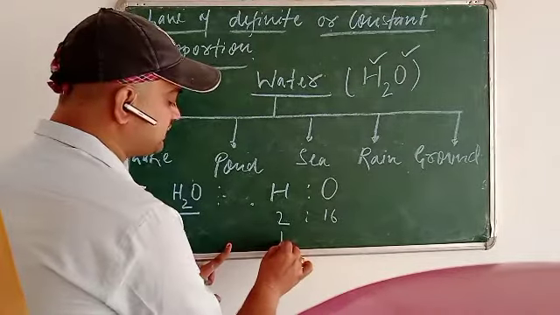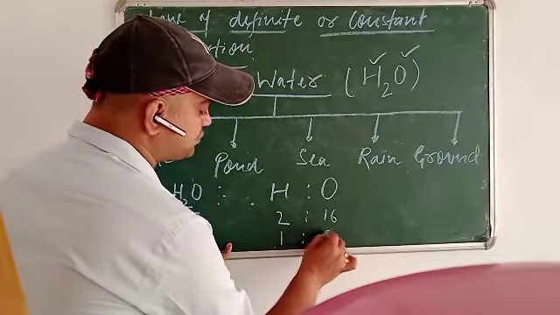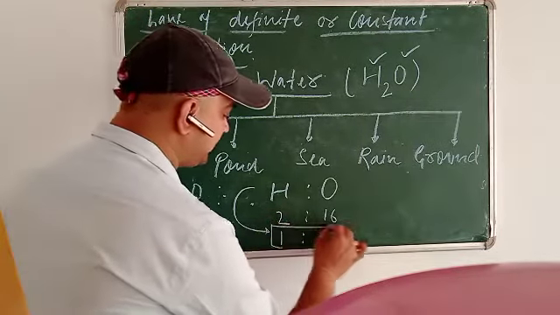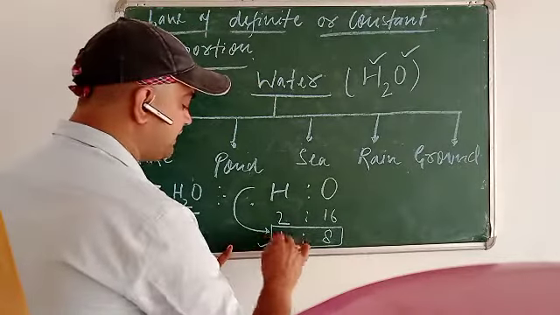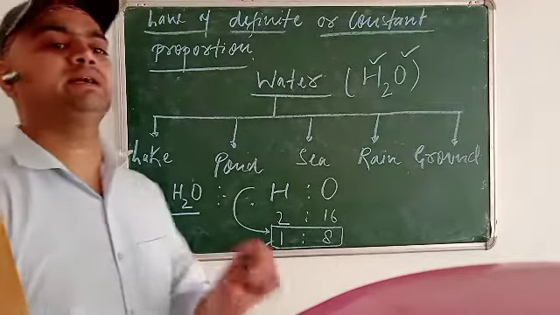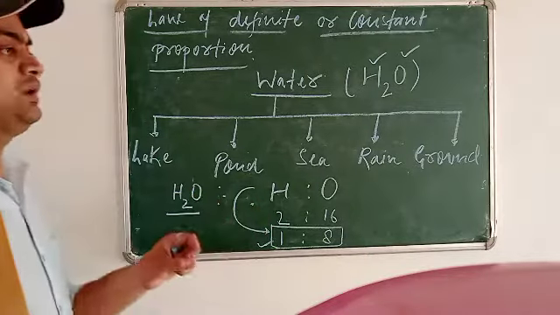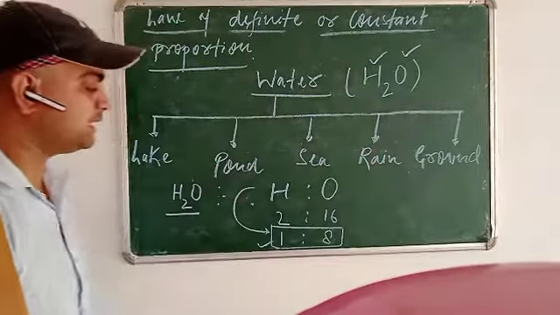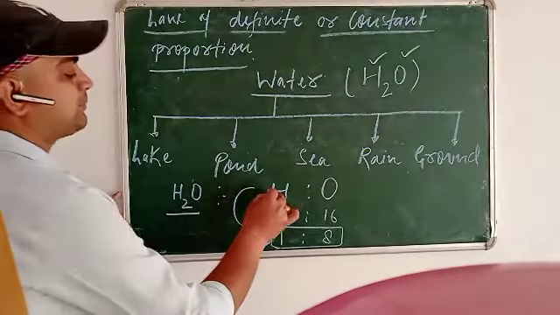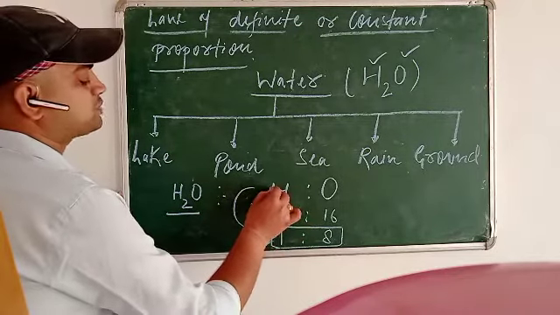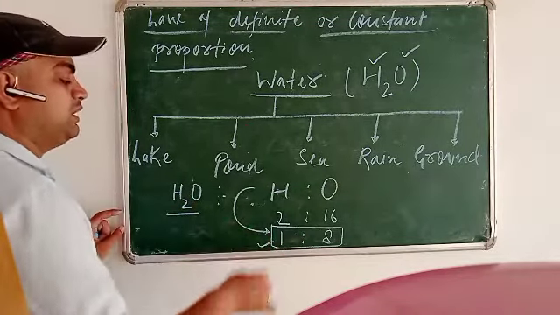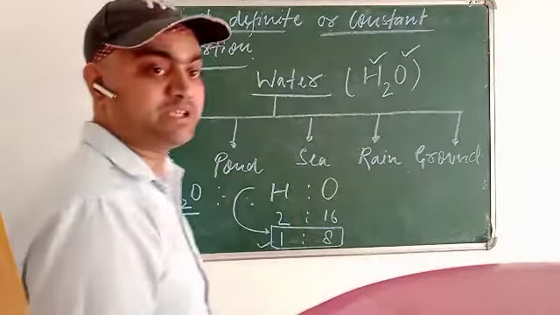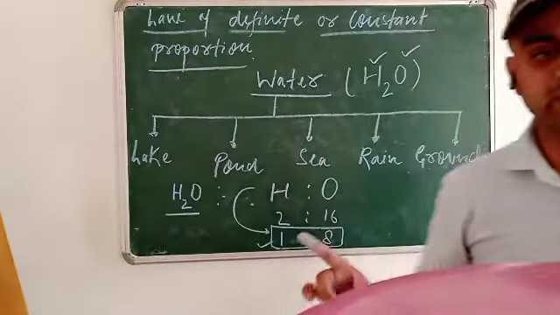After simplifying these two we get 1:8. That means the proportion of hydrogen and oxygen in water remains fixed or definite, that is 1:8. This will not change in any conditions.